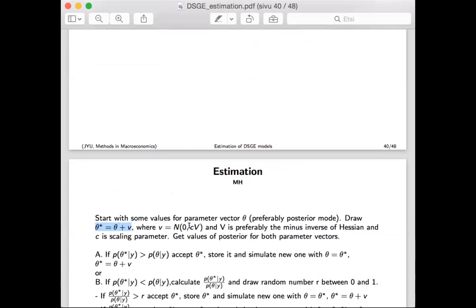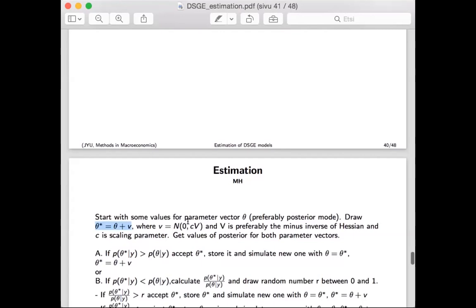And then we have a scaling parameter C to determine how large the variability in our drawing is when we draw these parameter values. If C is really small, then theta star is close to theta. If it's really large, then we move a lot from this previous draw.